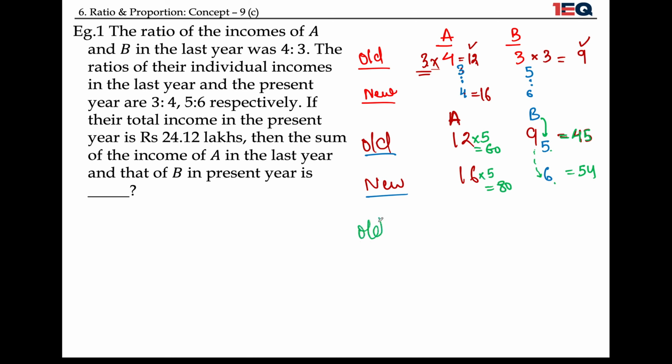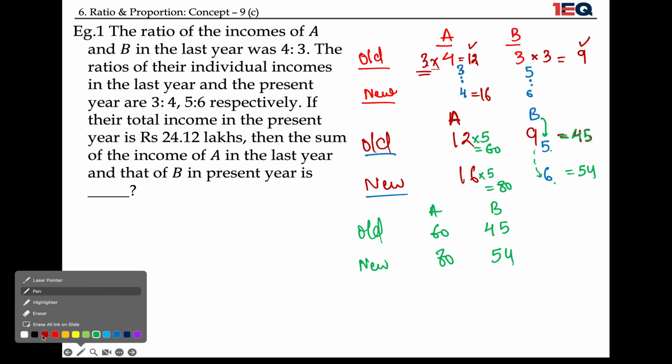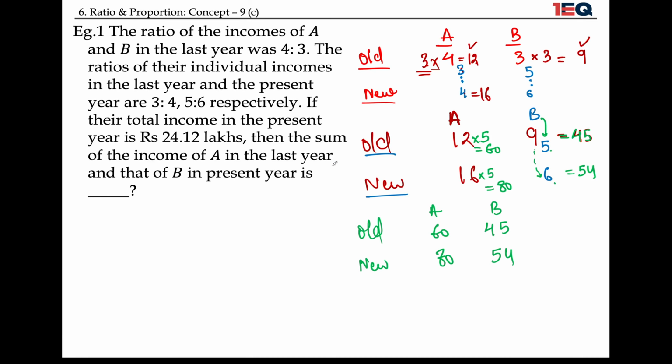I'll come back to the point. Old, new, A is to B. I say 60 over here, 45 over here, 80 over here, and 54 over here. Now, very, very carefully see what happened and where I've come.